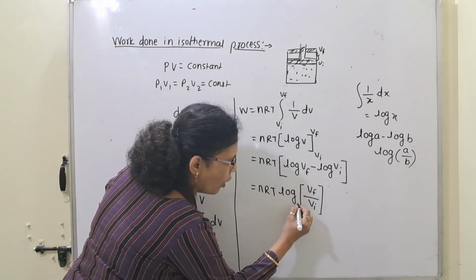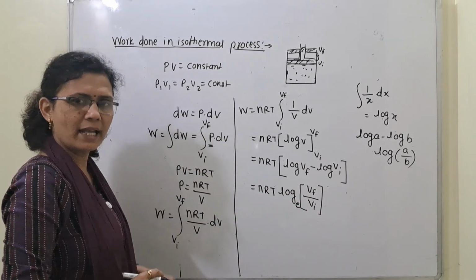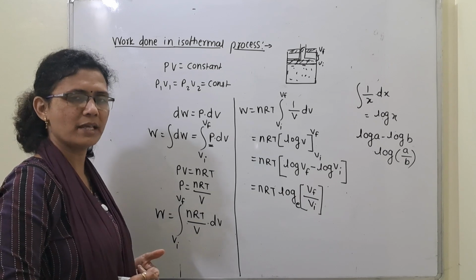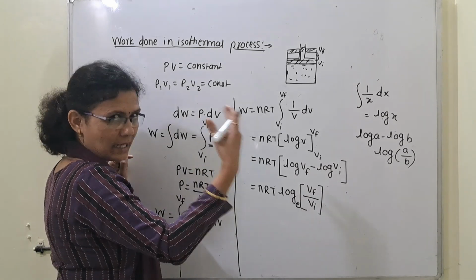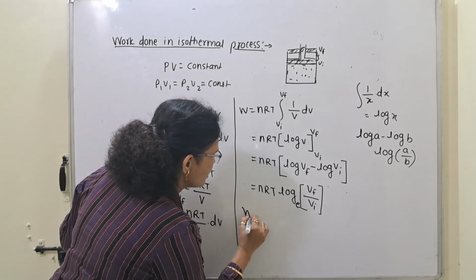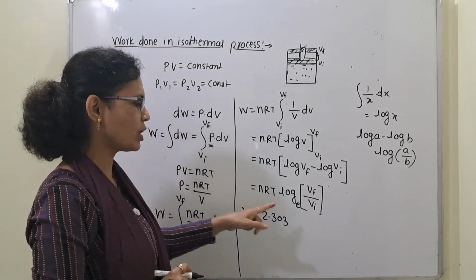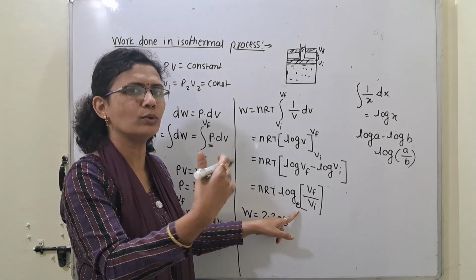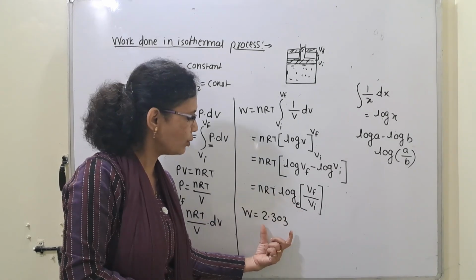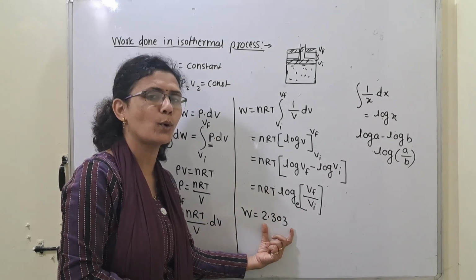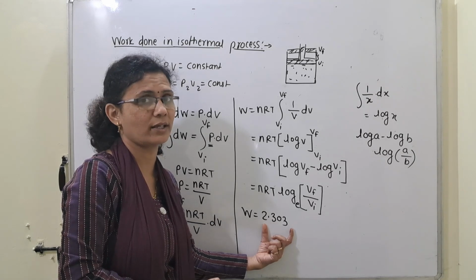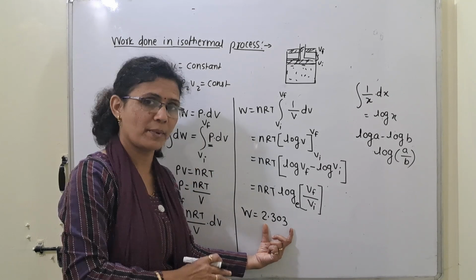But this is log to the base e. And if I want to change this from the base e to the base 10, then I can write W is equal to 2.303. When you want to change from the base e to the base 10, we have to multiply the term by 2.303. It is the constant factor you have studied in chemistry also.